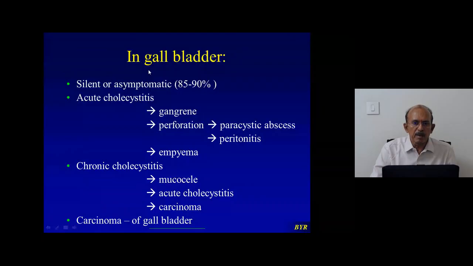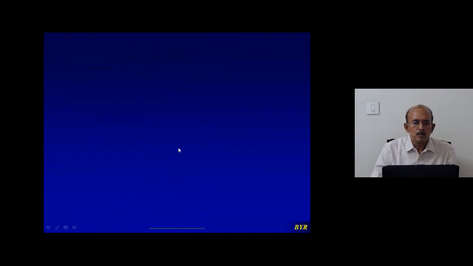Largely they are asymptomatic. They may manifest with acute cholecystitis and its sequelae, chronic cholecystitis and its sequelae, or as carcinoma. So these are only the pictures to show you the various manifestations.